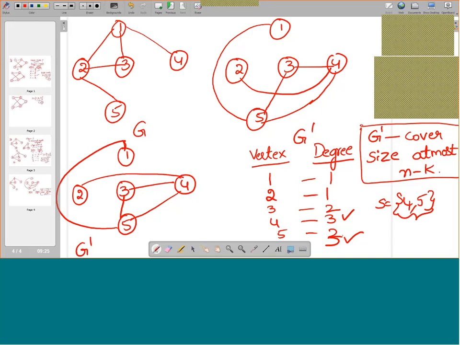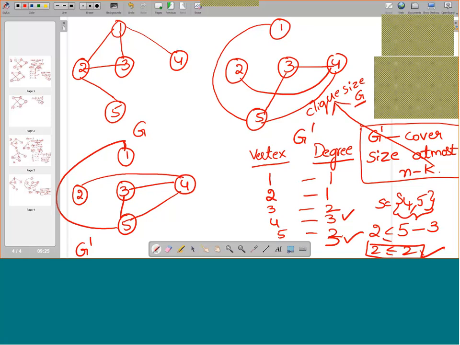Now we need to check 2 less than or equal to n minus k, where n means the number of vertices in the graph. G has 5 vertices. Here k is the clique size for G. So G clique size is 3. So 2 less than or equal to 2. Condition is satisfied. So if the condition is satisfied, then the theorem also will be satisfied.